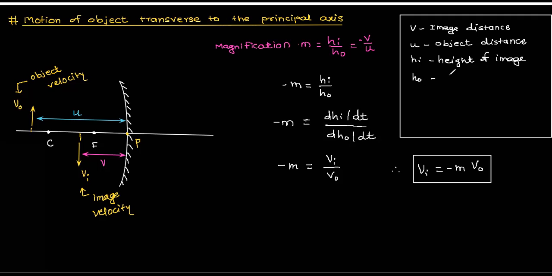H0 is what here? Height of object. Yes. Next one, VI. VI is what? Not image distance. This is what? Velocity of image, right?